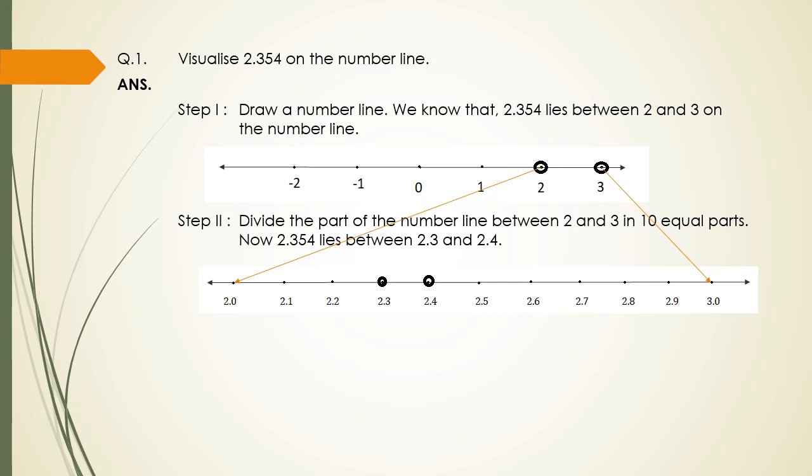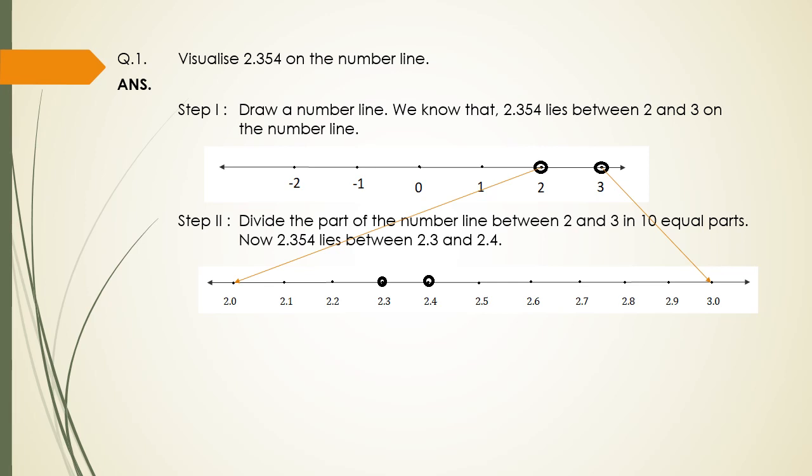Getting it? So next, our number 2.354 on this new number line, the part between 2 and 3 which we have just drawn, lies between 2.3 and 2.4. This number lies between 2.3 and 2.4 because you can see the first digits 2.354.